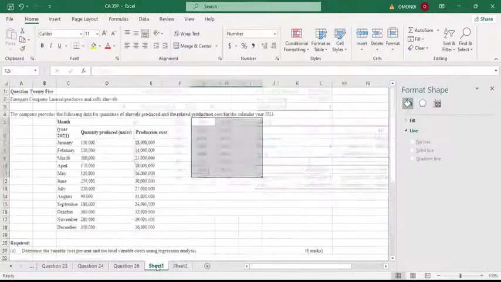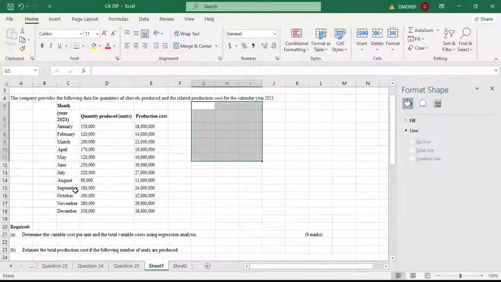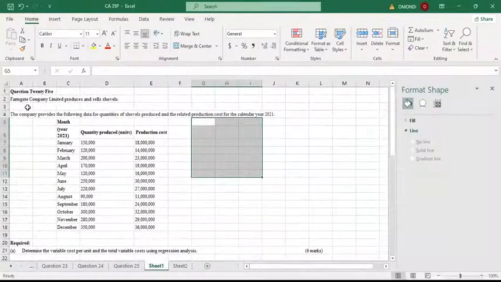So let's get back to this. We are told that Farmgate Company Limited produces and sells shovels. The company provides the following data for quantities of shovels produced at the related production cost for the calendar year 2021.